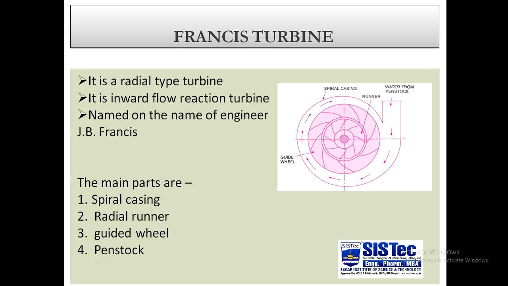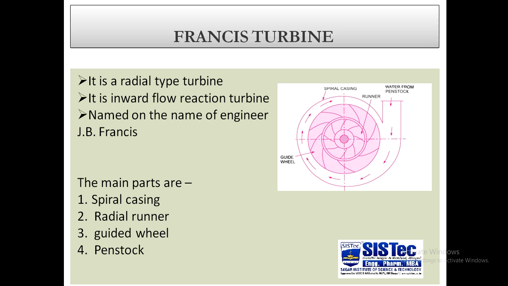The meaning of a radial turbine is that, you can see in this diagram shown at the top corner, the arrows are showing the water direction. When the water comes from that penstock, due to this movement of water, the radial flow takes place here.